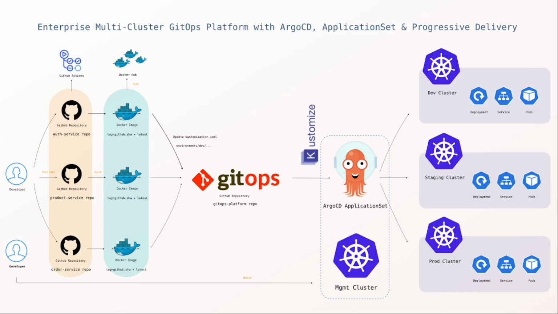This is a critical step because in a GitOps model, Git is the single source of truth. Any deployment change must be reflected in the repository rather than applied directly to the cluster. The updated configuration is then pushed back to the GitOps repository.